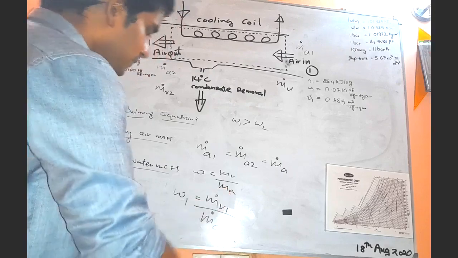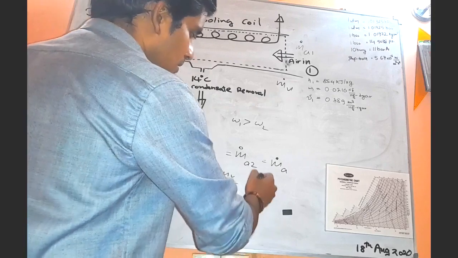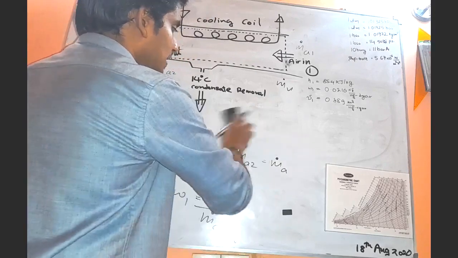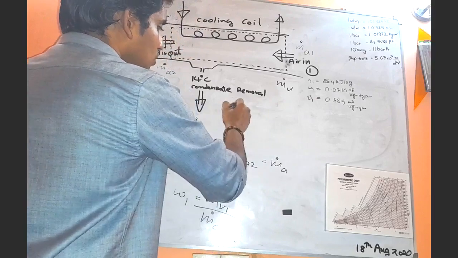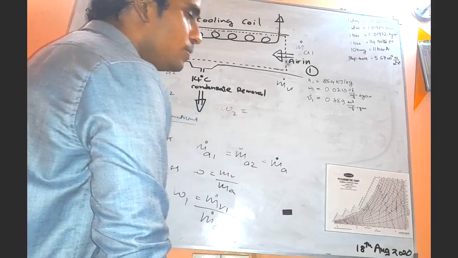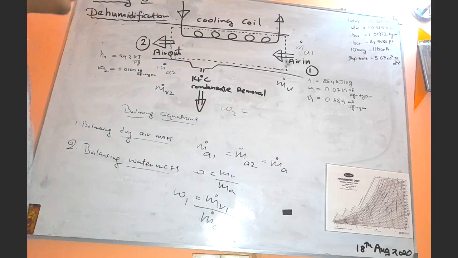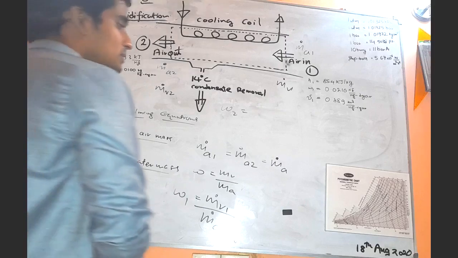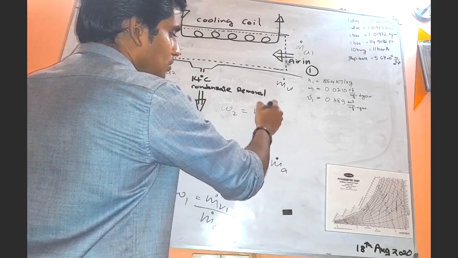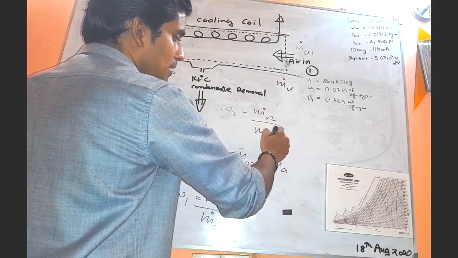Then let's write omega 2. So what is omega 2? That is the humidity ratio at the outlet, so omega 2 equals mv2 dot divided by ma2 dot.